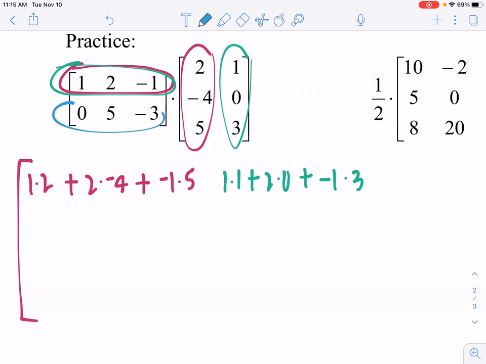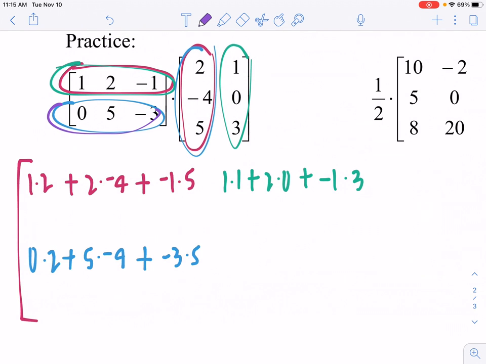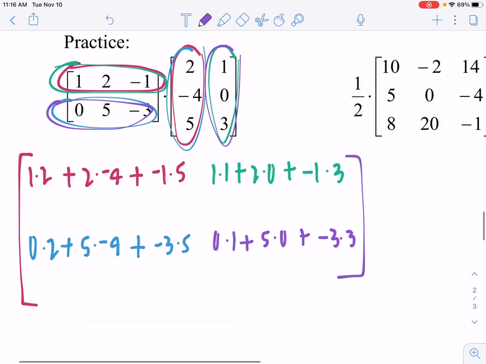This third one's going to be this times this. 0 times 2 plus 5 times negative 4 plus negative 3 times 5. And then this last one's going to be that times that. So 0 times 1 plus 5 times 0 plus negative 3 times 3.